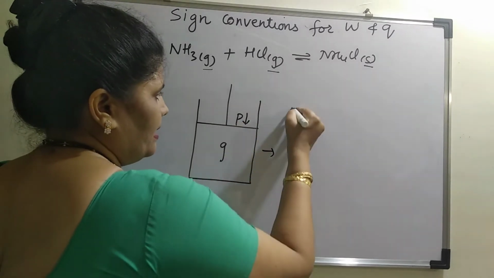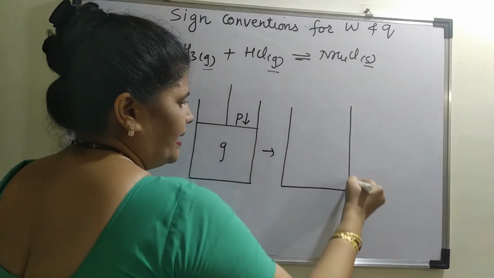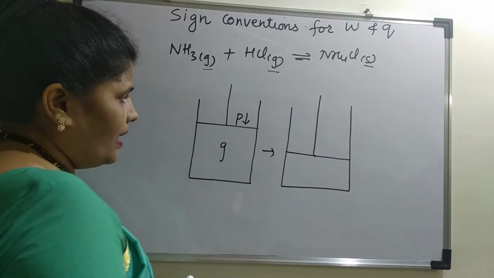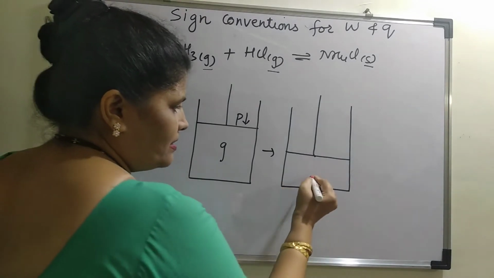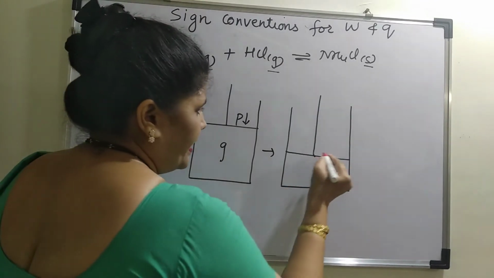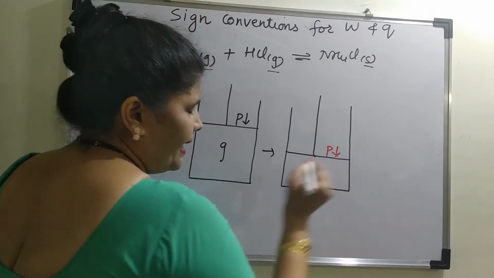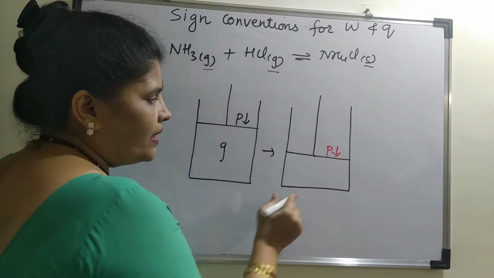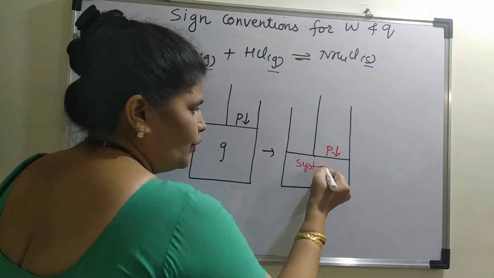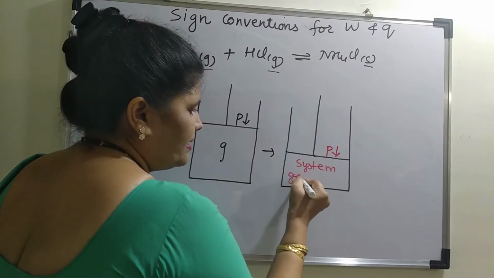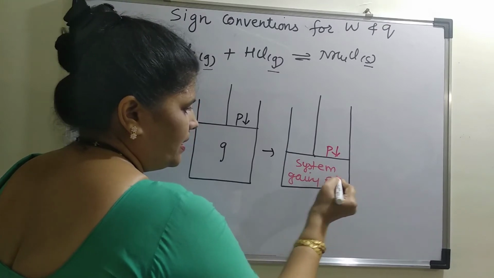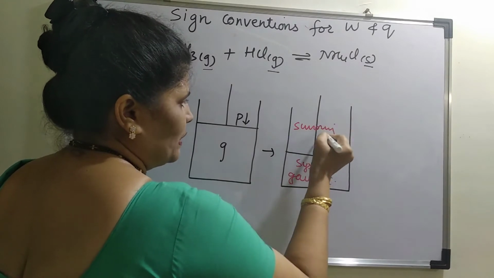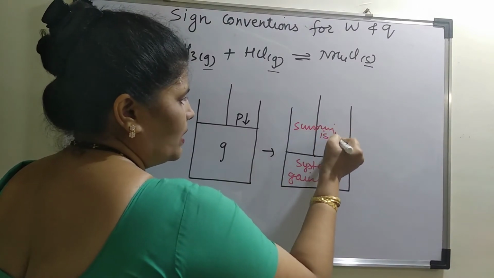As the gases get solidified, the condition will be like this. Now, the system is not doing the work. Instead, the pressure is applied in this direction and the gas is getting compressed. But now, the system is not losing energy, it is gaining energy. The surrounding is losing energy, because the surrounding is doing the work.